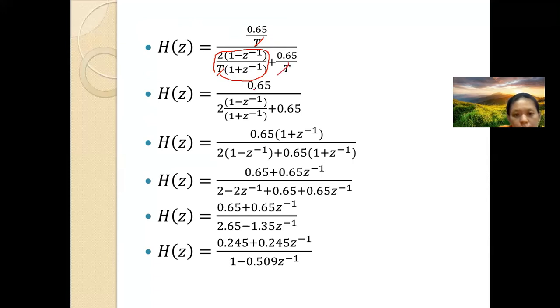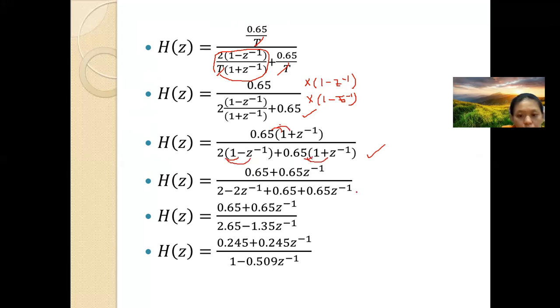So we get 0.65 divided by 2, 1 minus z minus 1 divided by 1 plus z minus 1, plus 0.65. Then we multiply above and below with 1 plus z minus 1, so that we get this equation. And then we expand it inside, here we expand it, and here we also expand it.